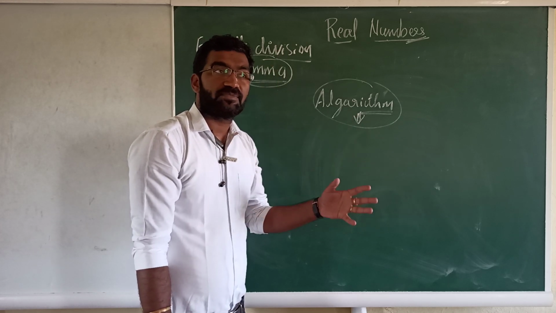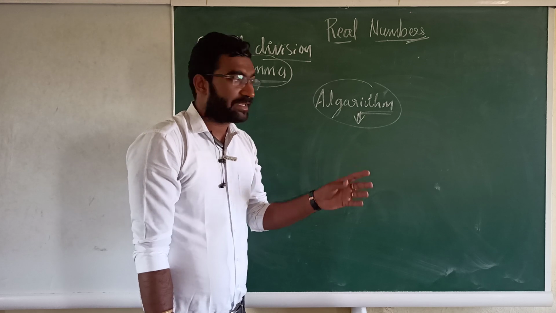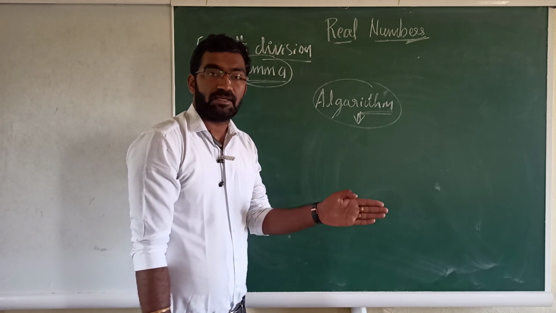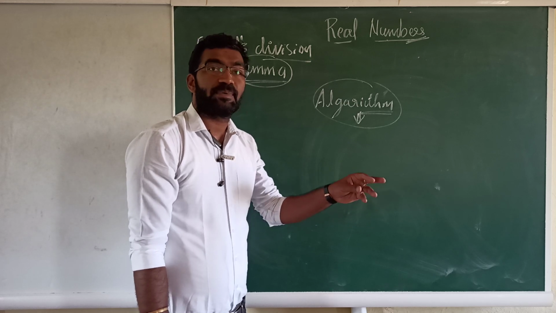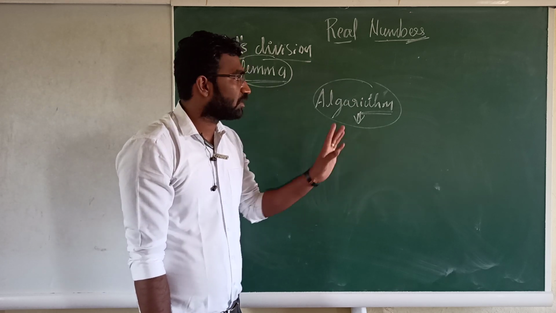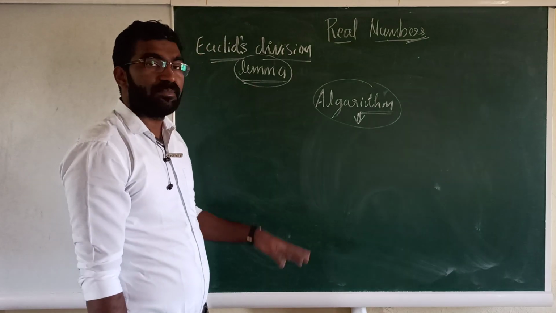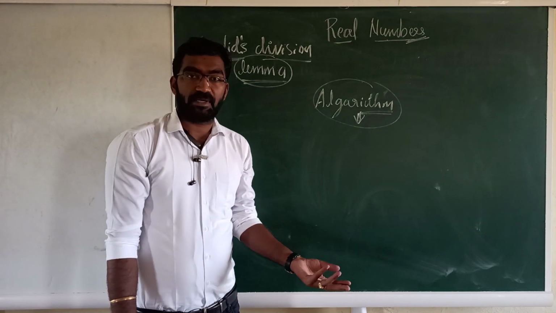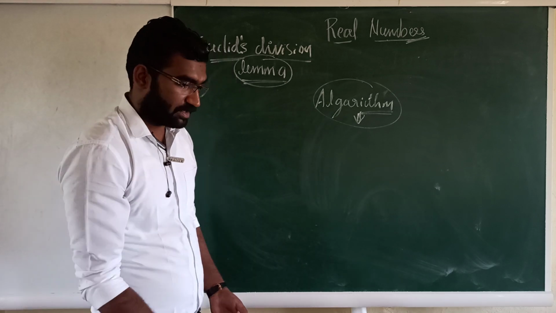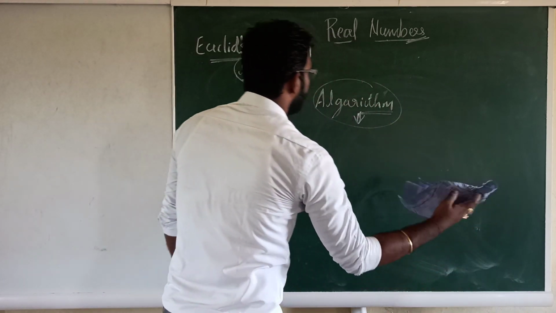Those particular steps followed by some method, that method is called an algorithm. An algorithm is a simple method of systematic representation of the problem, step by step. A lemma is a proven statement which is used to prove other statements, right? So this is about lemma and algorithm.